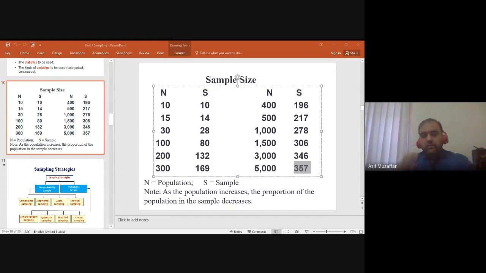So when you have determined the sample size, then you will determine that your sample should be unbiased.